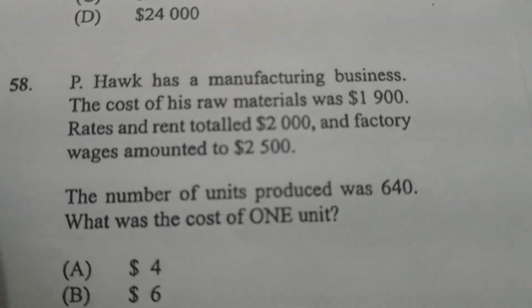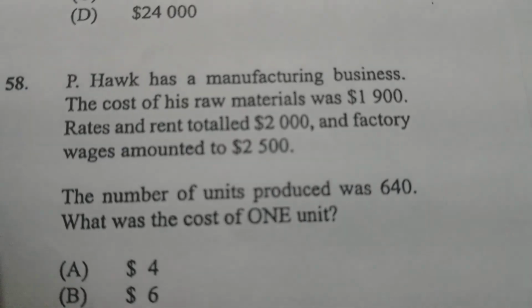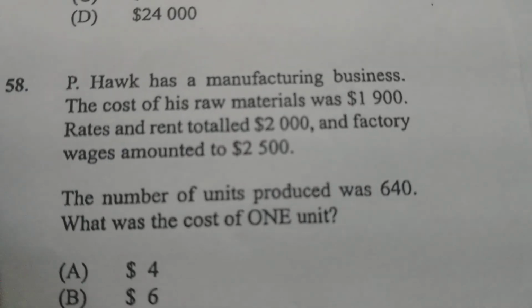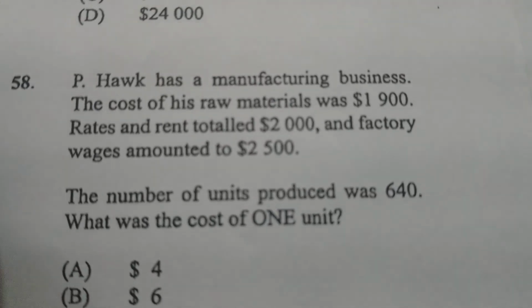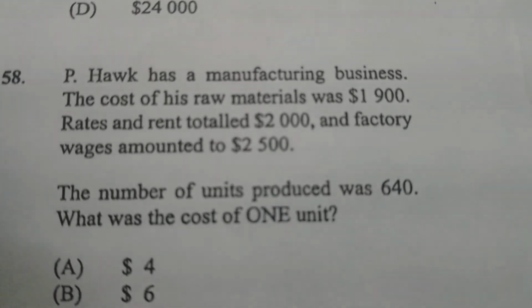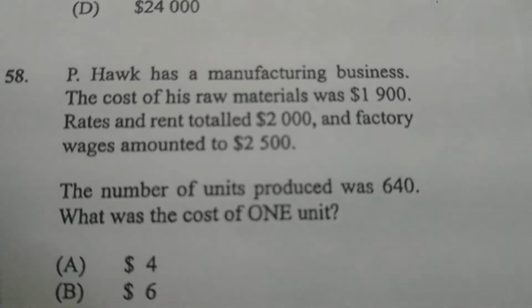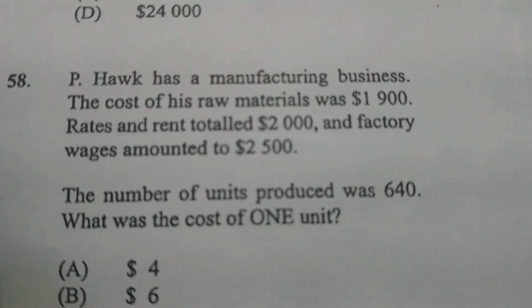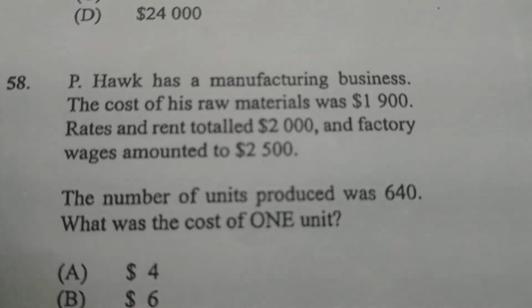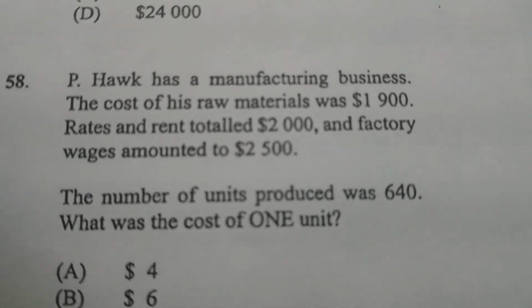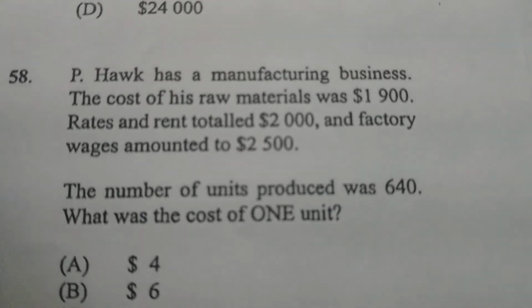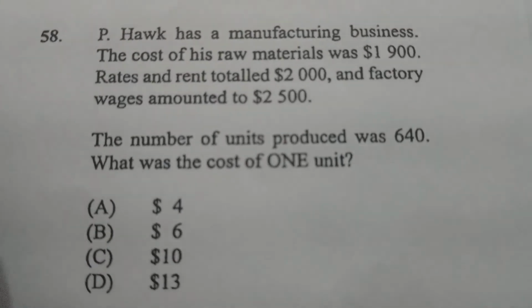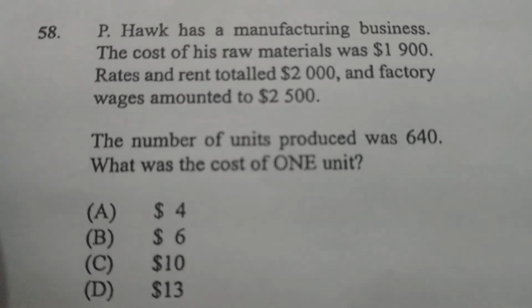The units produced were 640, and they want to know what was the cost of one unit. So we will add the 1,900 plus the 2,000 plus the 2,500, and we divide that sum by the 640, and our answer is C, 10 units.